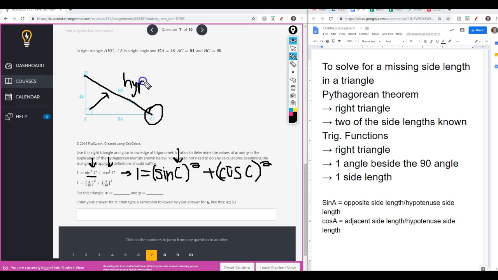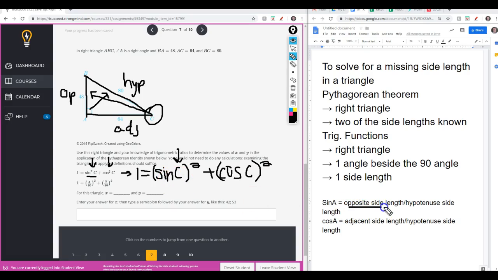And the side opposite our angle is always the opposite side. And the side length that's touching the angle and is not the hypotenuse is the adjacent.